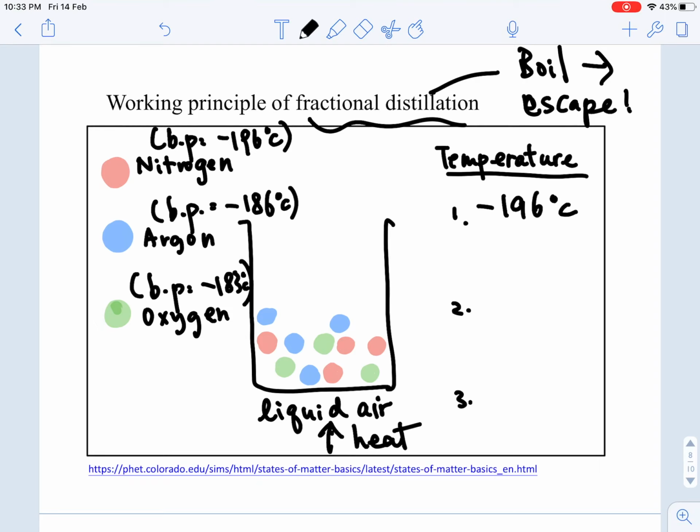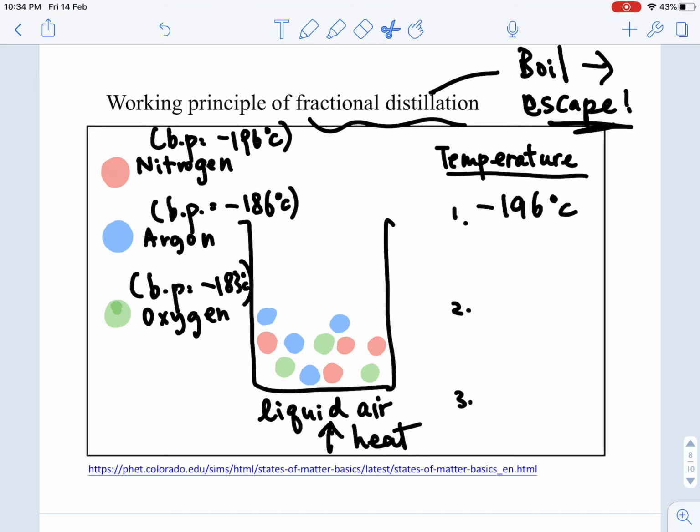Then if I heat the container at negative 196, what would happen? Some of you would be able to think that the nitrogen particles will become gas and escape.